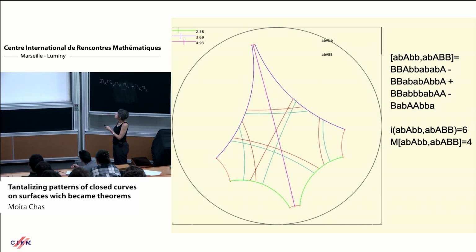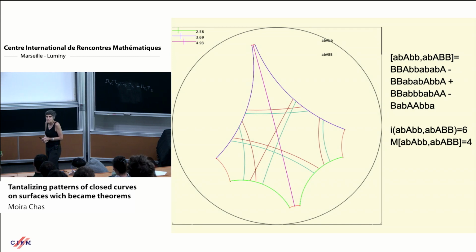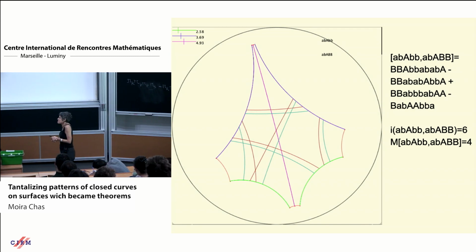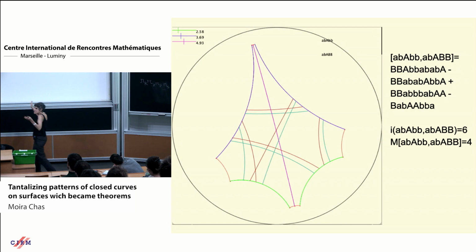Here I draw two curves, like AB, capital A, B, B, etc., whose bracket has a cancellation. It's kind of weird, because this cancellation tells me there's a pair of points that, when I vary the metric, always have the same angle because they cancel all the time. Anyway, I'm over time, so I'm done.